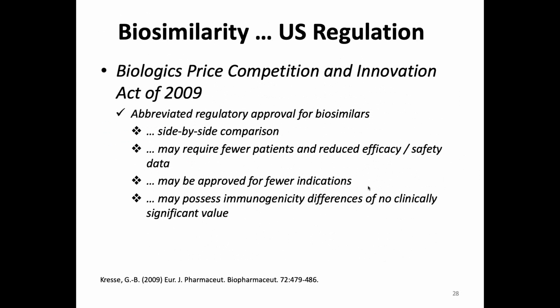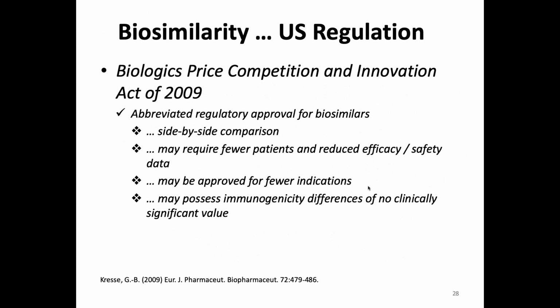It turns out that biosimilars may be approved for fewer indications. So the trademark product might be approved for 5 indications: thrombosis, stroke, edema, things of that sort. But the biosimilar product might be only approved for stroke. That's it. Why?